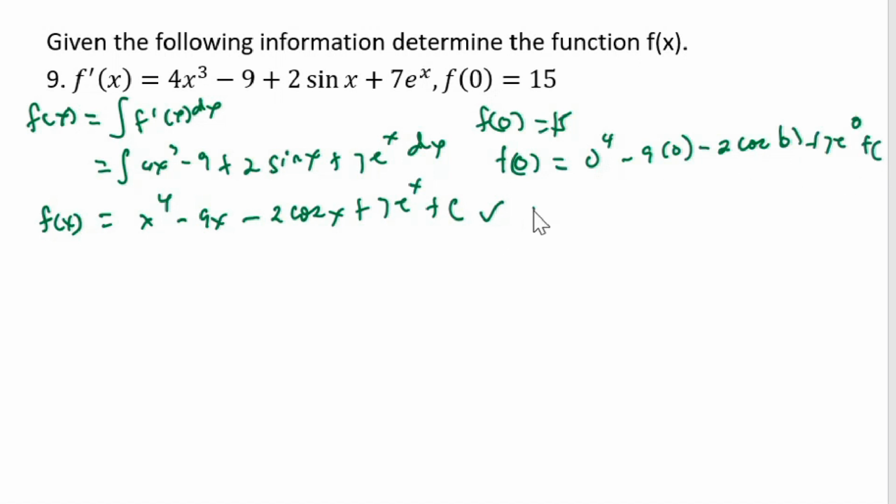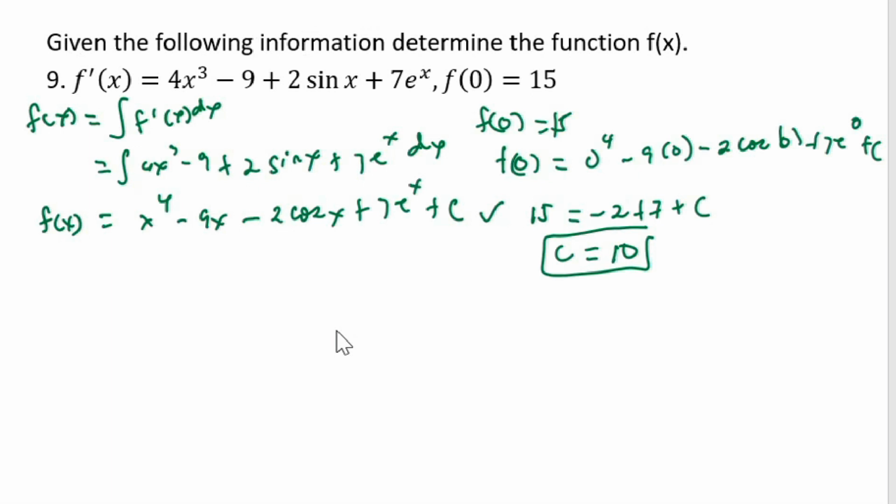We know that it is equivalent to 15. So the right-hand side gives us negative 2 plus 7 plus a constant. Therefore, solving for C, the value of C is 10.